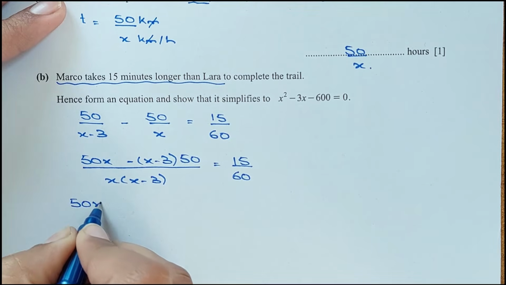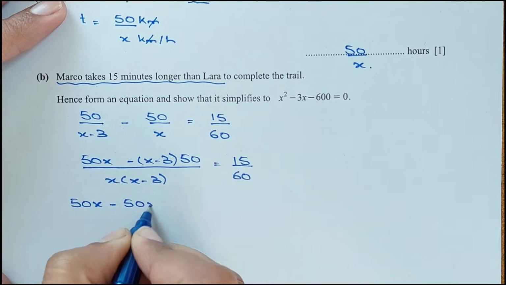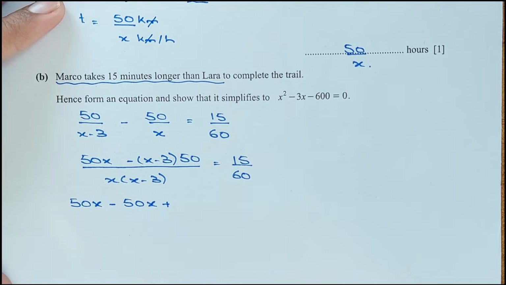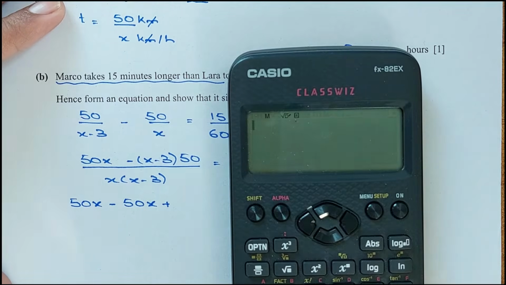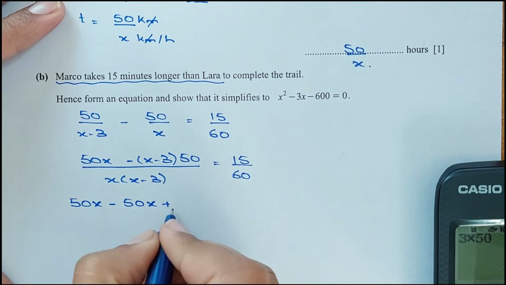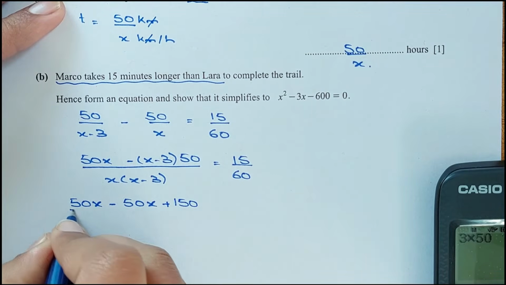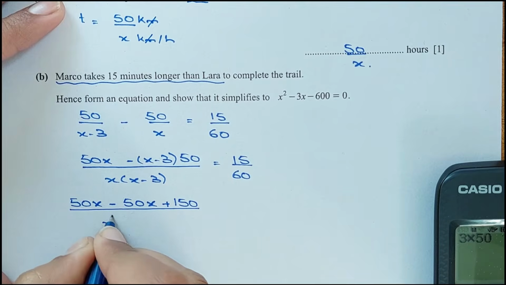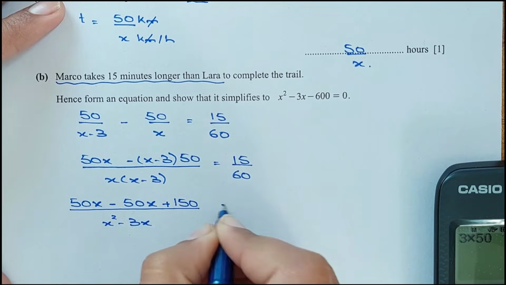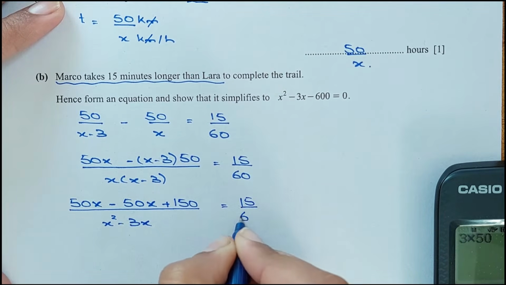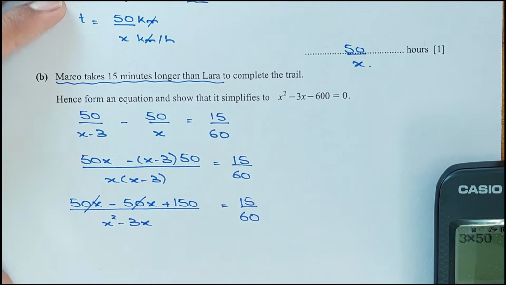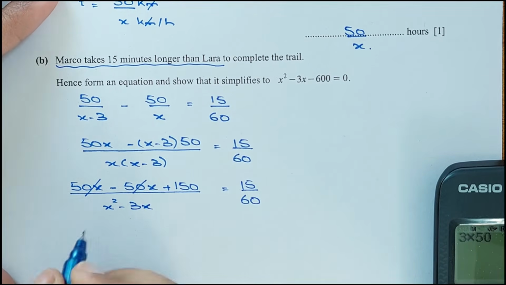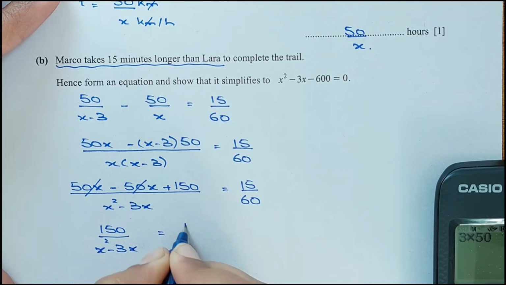So 50x minus 50x plus 3 times 50, which is 150, over x squared minus 3x, equals 15 over 60. So 50x minus 50x cancels out. We have just 150 over x squared minus 3x equals 15 over 60.